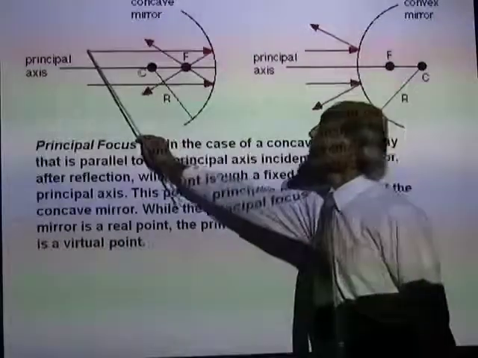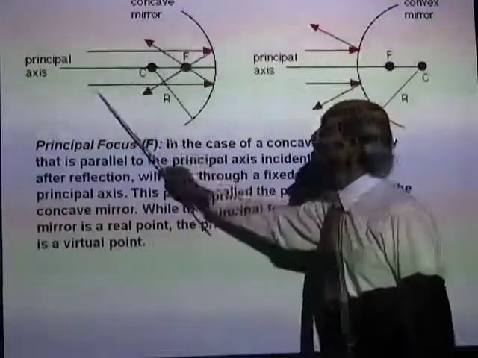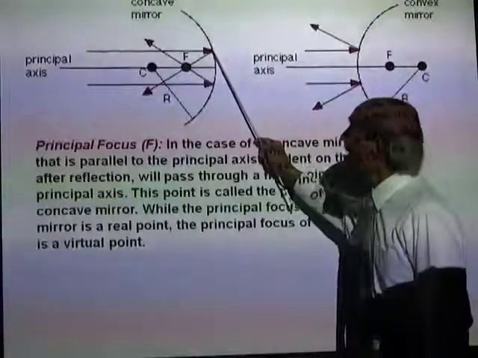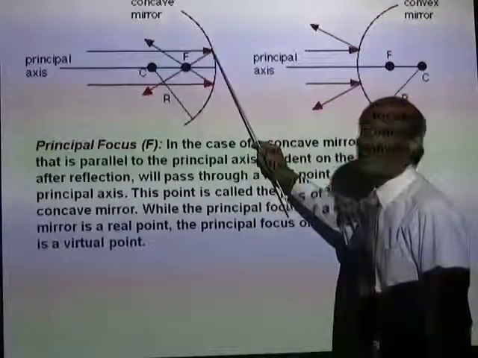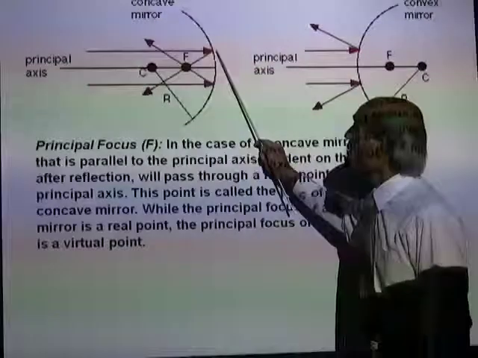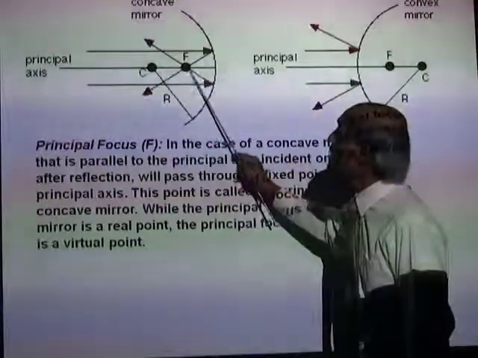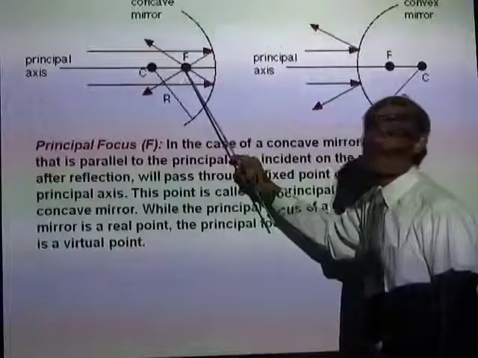Now, if you allow a set of parallel light rays to hit the mirror, they will reflect, and the reflected rays will pass through a point on the principal axis.